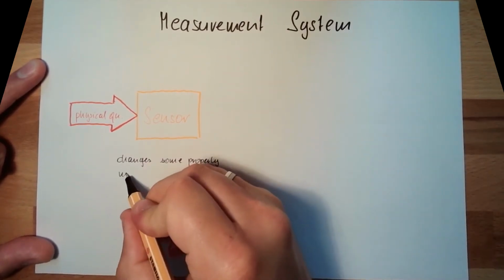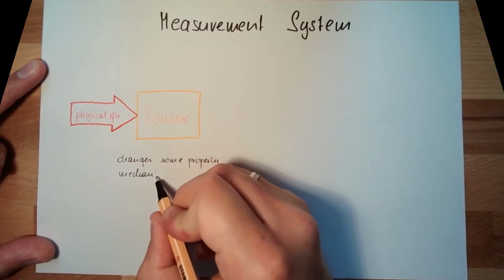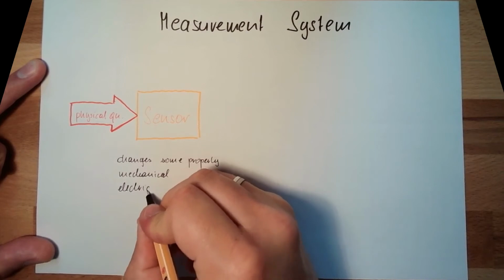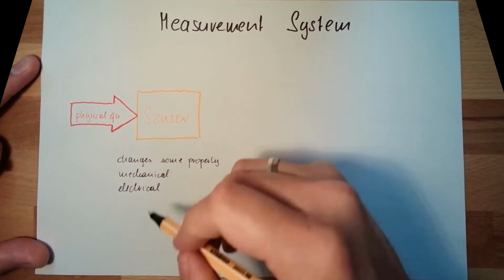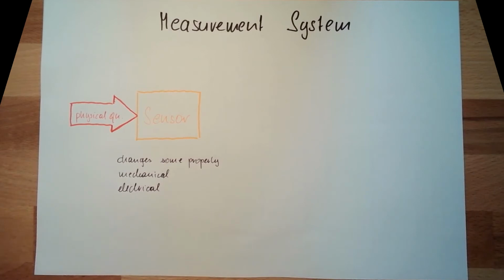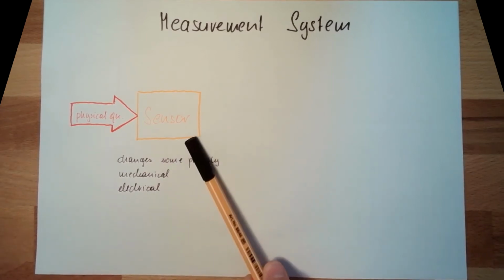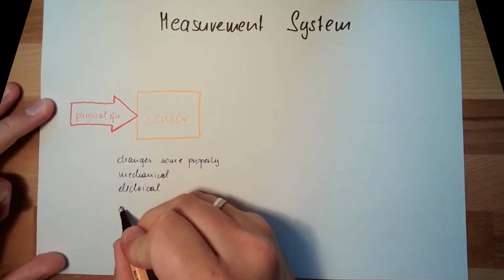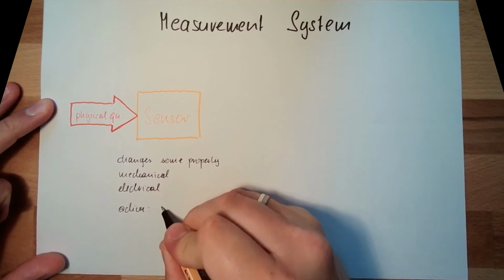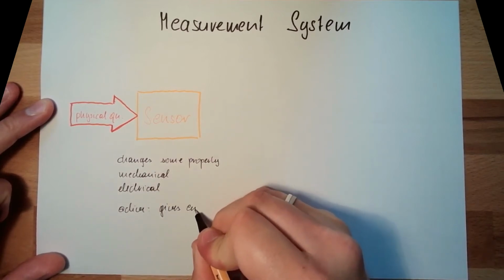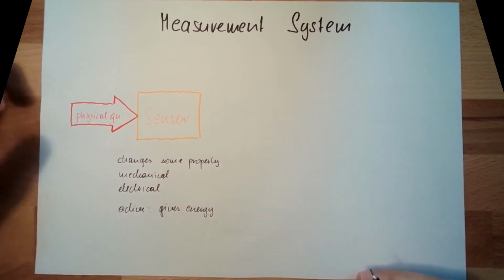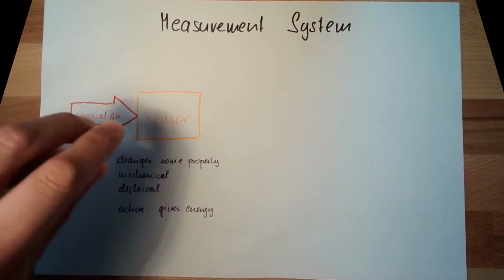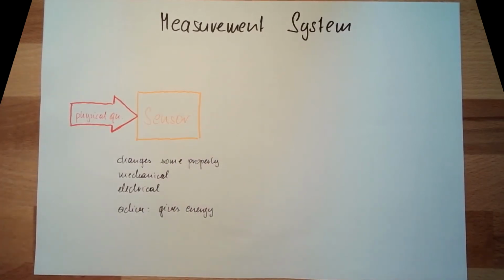This can be a mechanical property, or very common, electrical properties. So it's changing something. There might be active sensors. An active sensor gives energy and is not relying on a power supply. The physical quantity is influencing the sensor, and an active sensor gives energy away.